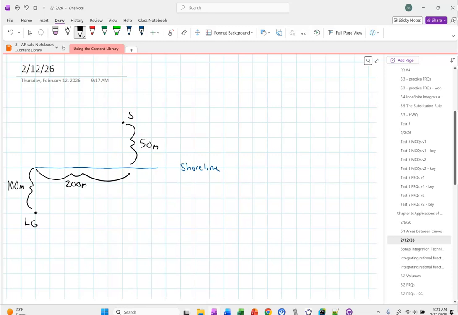Okay. So what we need to be able to figure out is some point here on the beach, because we're going to run along the sand till we get to the shoreline, then get in the water and do some swimming. And we want to figure out where we should be entering the water so that we can get to the swimmer as quickly as possible.